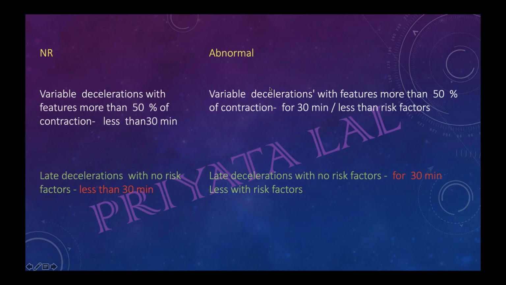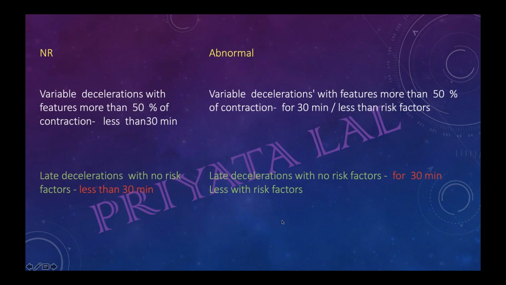If it is 30 minutes or more, it will be abnormal. So just remember one thing that will help you: variable deceleration with features, less than 30 minutes NR, more than 30 minutes abnormal. Late deceleration, less than 30 minutes NR, more than 30 minutes abnormal.